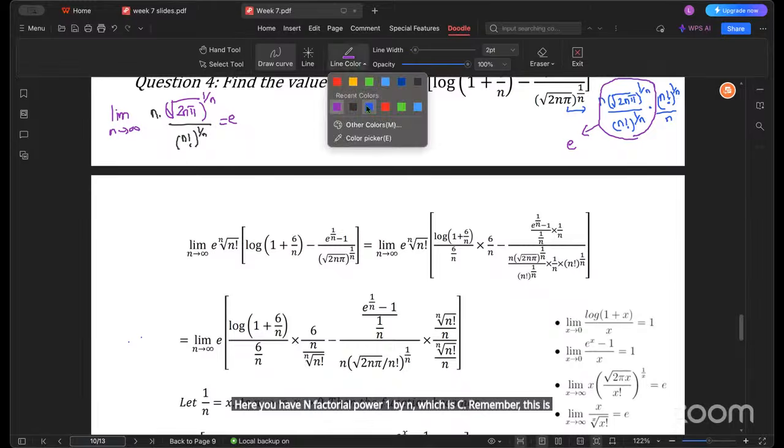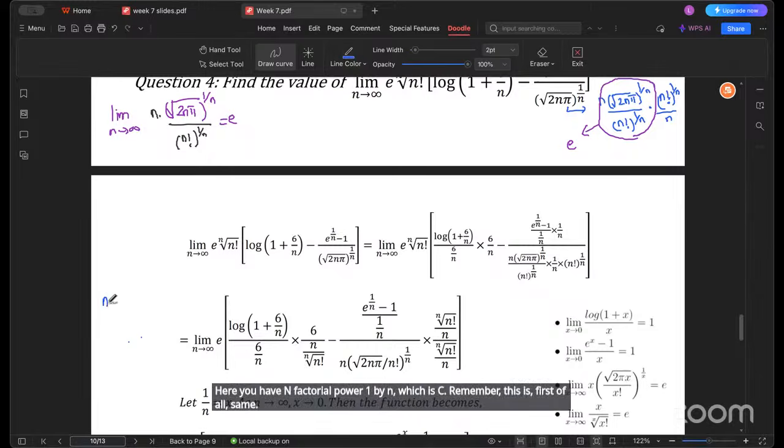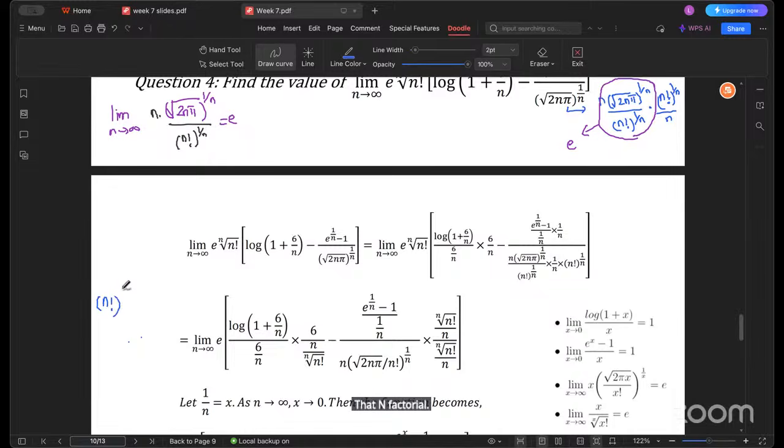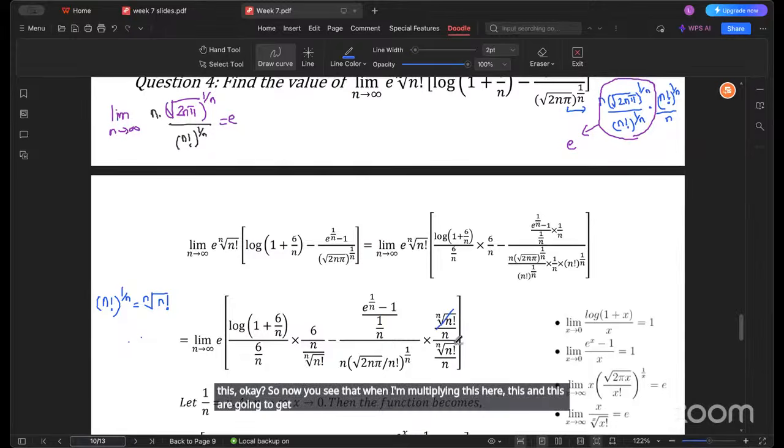First of all, remember that n factorial power 1 by n is the same as the nth root of n factorial. First, this we should make clear. So you know that this is the same as this. Now when I'm multiplying this here, this and this are going to get cancelled because we are having the same terms.